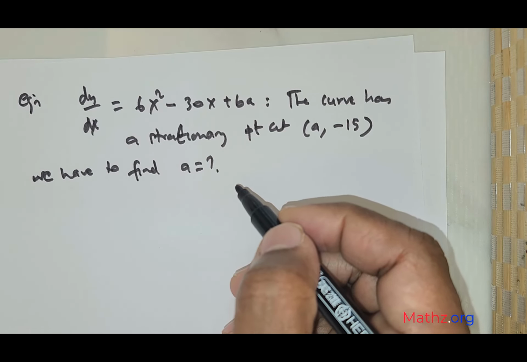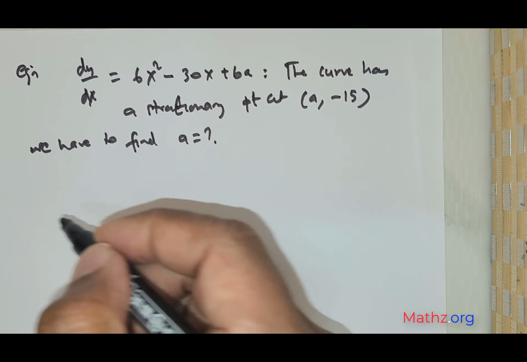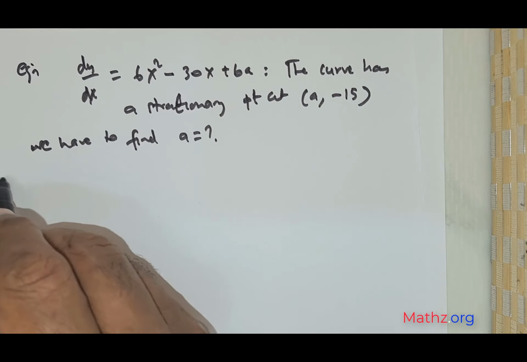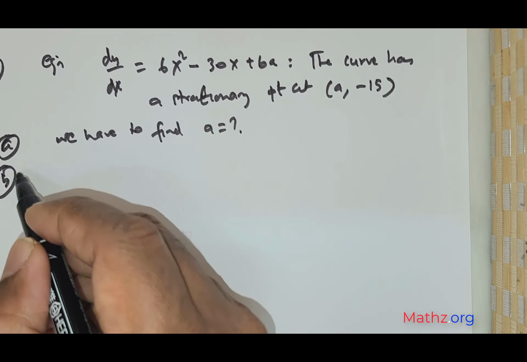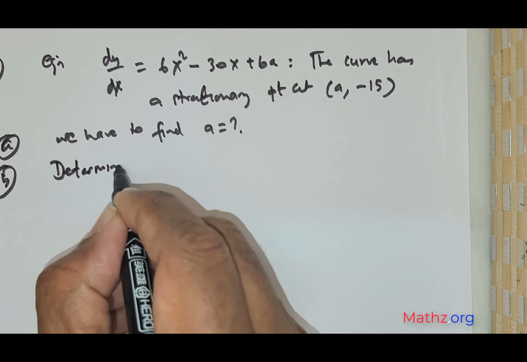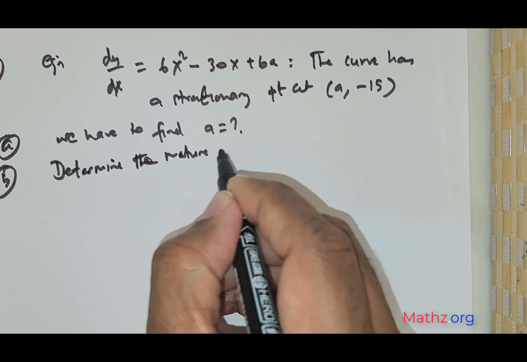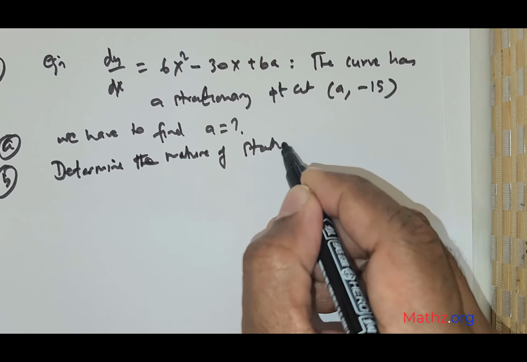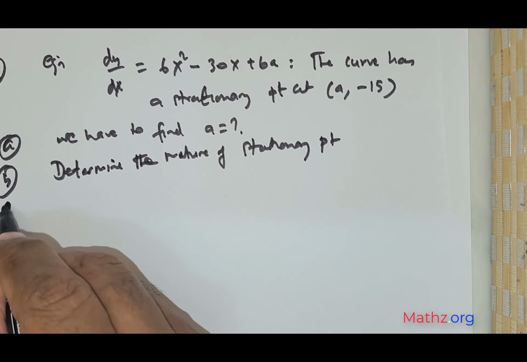Having got this information, we can actually proceed, but let me give you the other parts. So this is part A. Now part B is asking us to determine the nature of the stationary point.